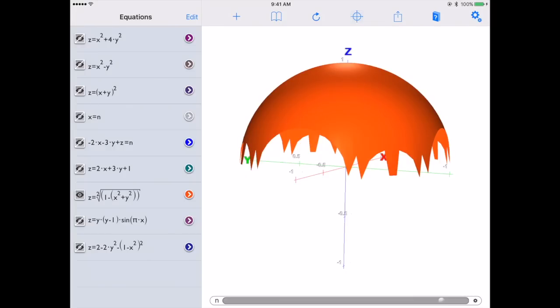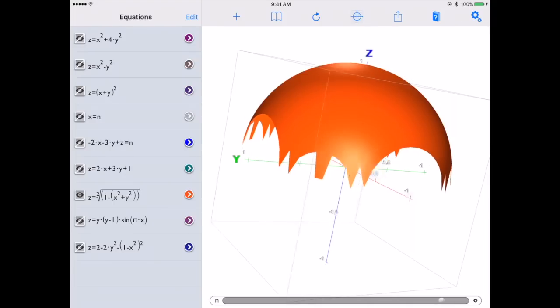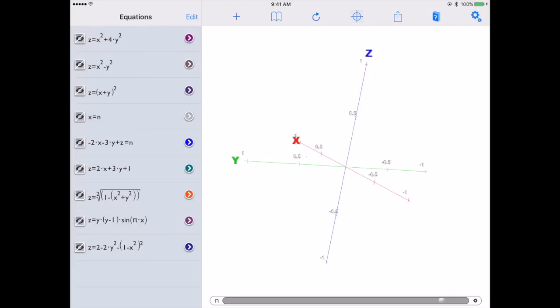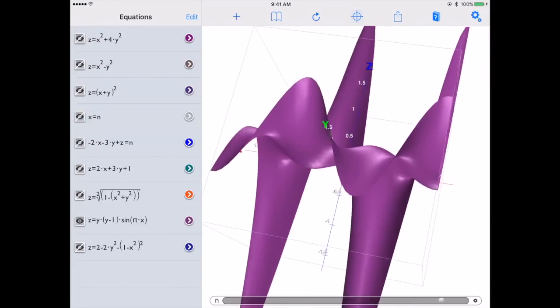It really should be a perfect dome, but based on the way that it tries to define domains, it can't get a perfect circle that easily. But in any case, you can see this orange dome, and it has the formula square root of 1 minus x squared minus y squared, which is what we discussed before. Okay. Now let's do something a little bit more complicated.